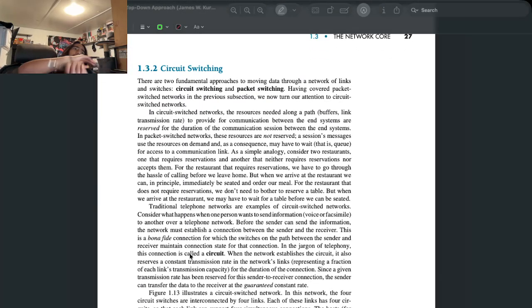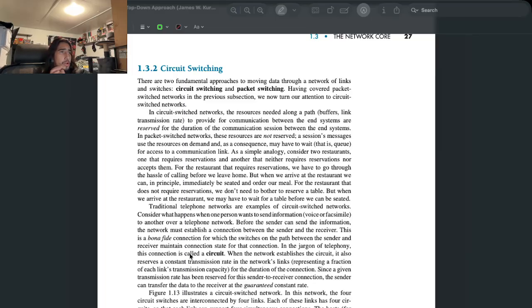Circuit switching. There are two fundamental approaches to moving data through a network of links and switches: circuit switching and packet switching. Having covered packet switching networks in the previous subsection, we turn our attention to circuit switch networks.